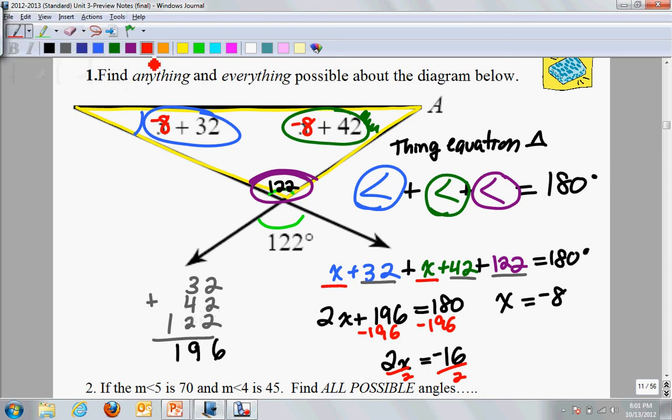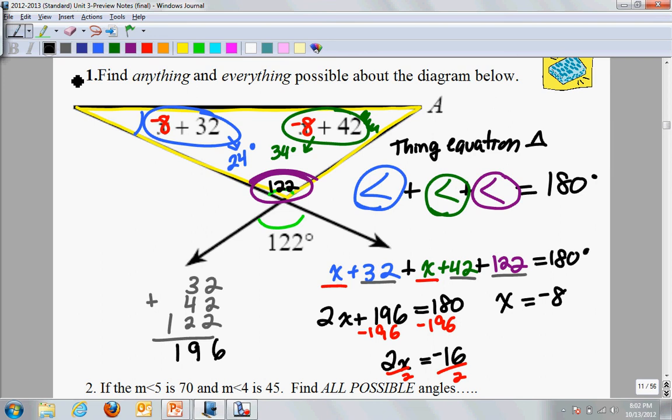From here, we take the negative 8 and plug it in. Negative 8 plus 32 is going to equal 24 degrees. Negative 8 plus 42 is going to equal 34 degrees. And then, of course, we have 122.